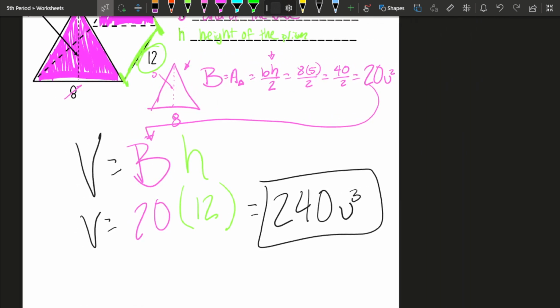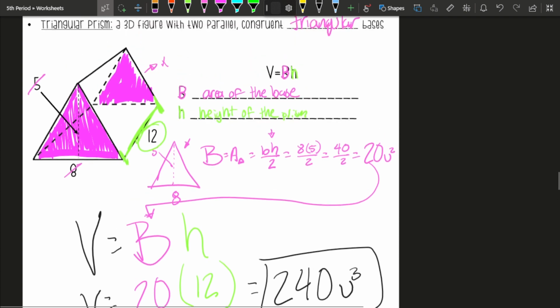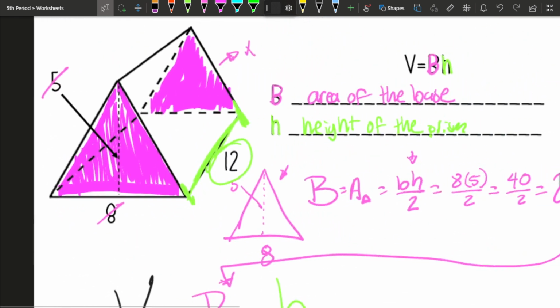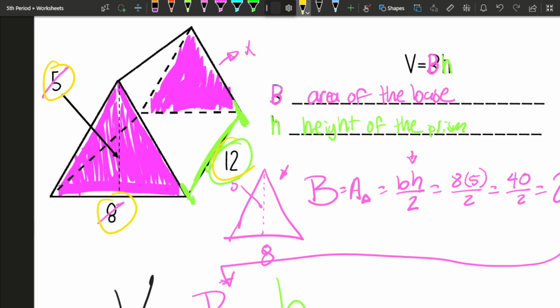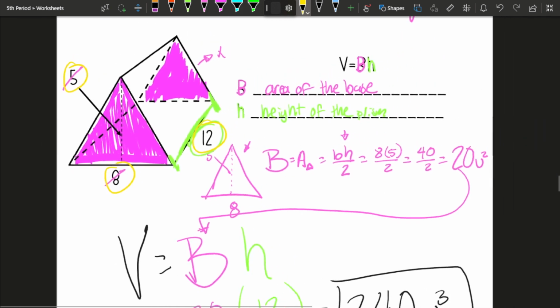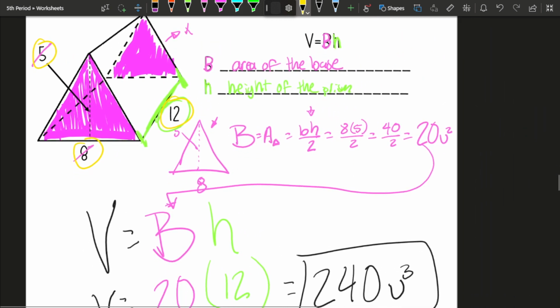Yes. If all you need to do is find the volume, the faster way to do this is multiply the three numbers and then divide by 2, and you're good to go. What is 5 times 8? 40. 40 times 12? 480.